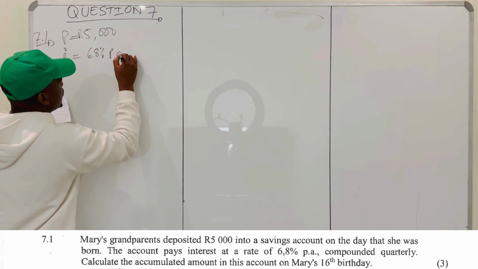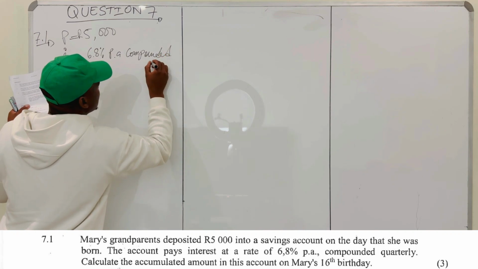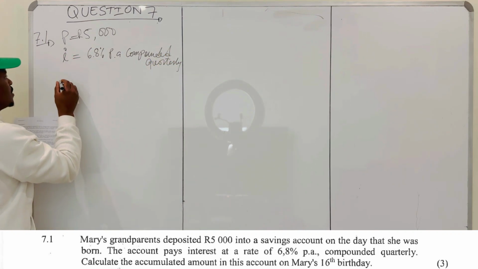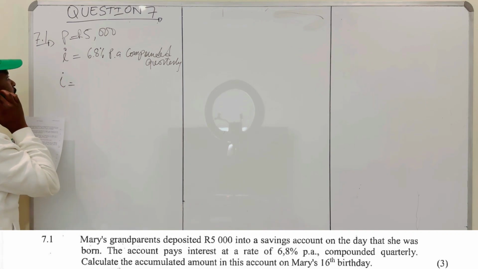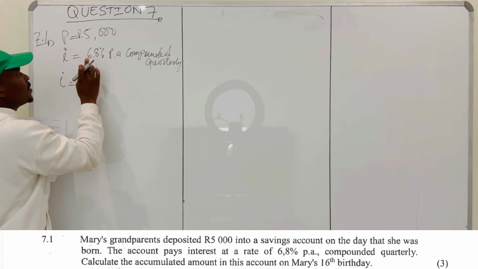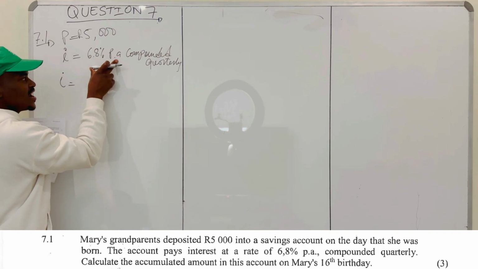Per annum, compounded quarterly. So what does this mean? It means that the interest rate on that account is 6.8% a year, right?